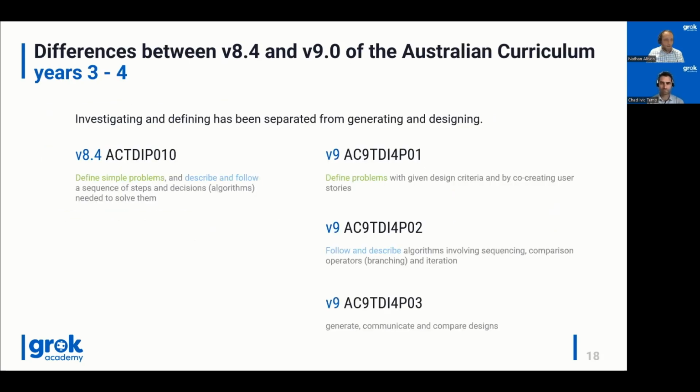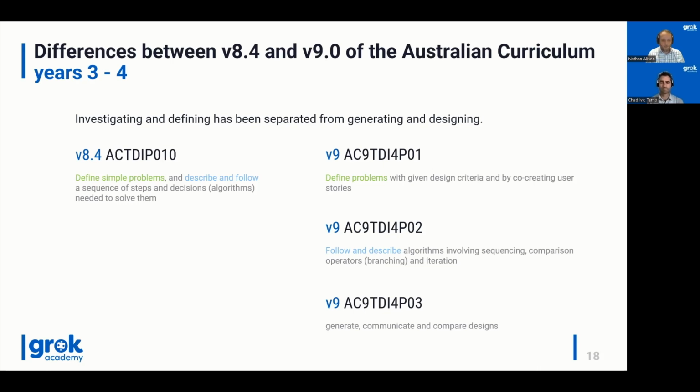If we have a look at what's actually happened there, you can see version 8.4 on the left used to have defining and describing, whereas now defining is its own content description there on the right, and follow and describe becomes a separate content description because it's more about generating and designing.